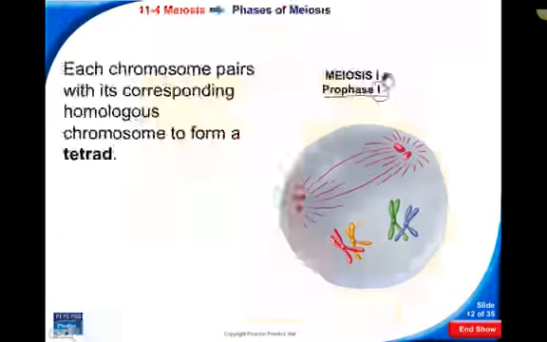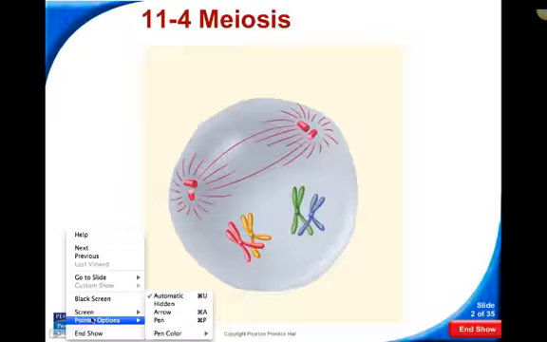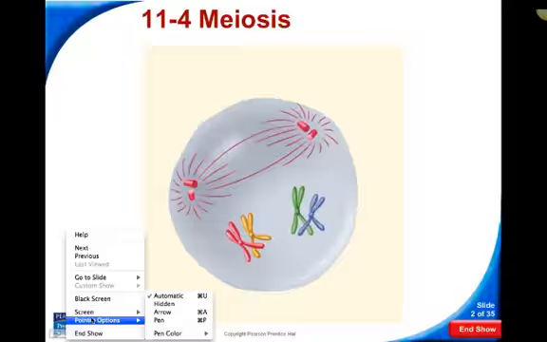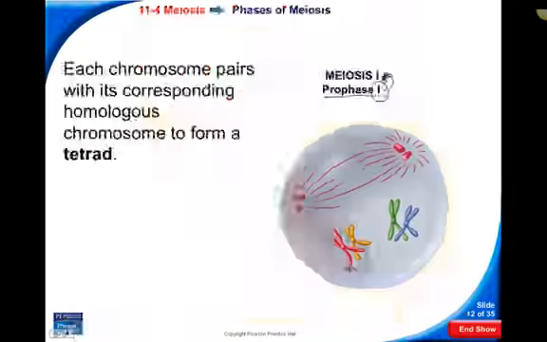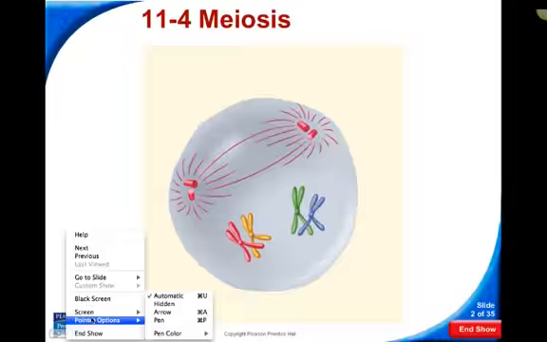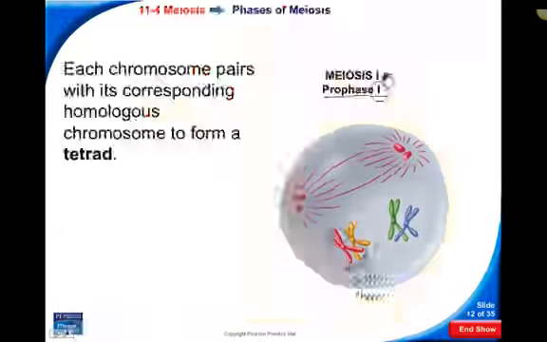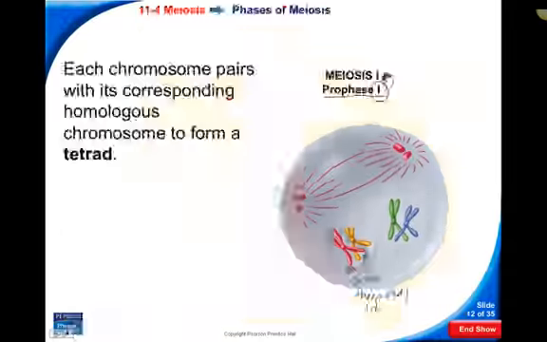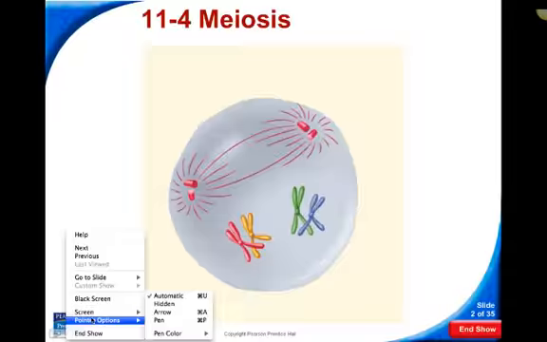Now, let's look at this. So here is our chromosome with 2 sister chromatids. These sister chromatids are identical.